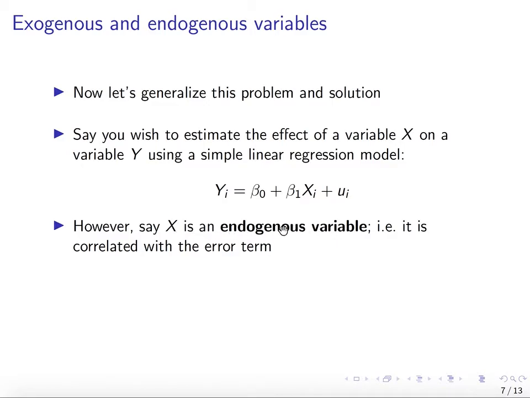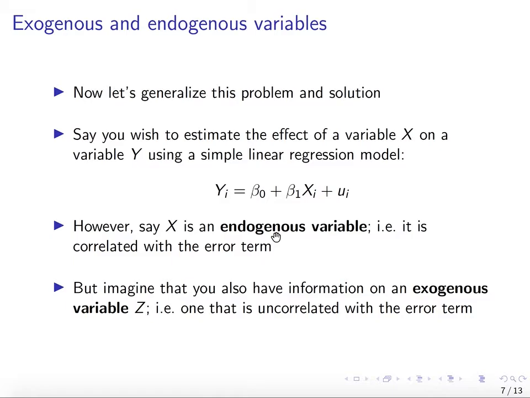That's the term we use every time xi is correlated with the error term. So there's some sort of omitted variable bias or plausibly simultaneous causality. Every time the expectation of ui given xi is different from 0, we talk about xi being an endogenous variable.